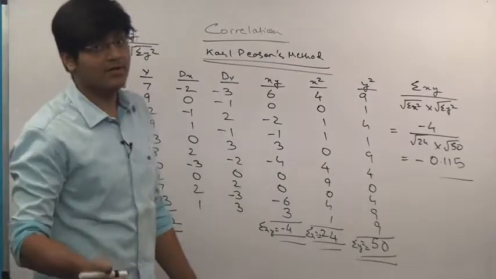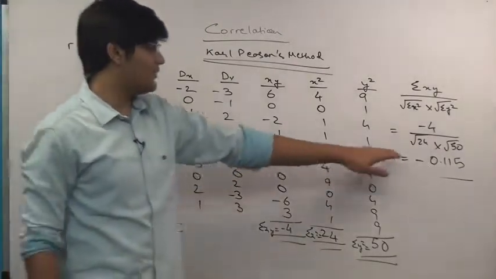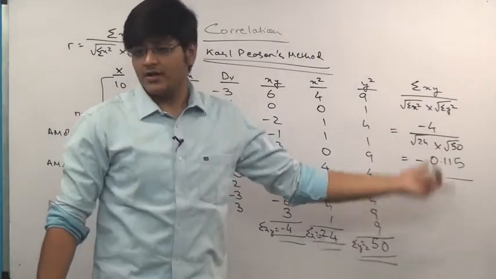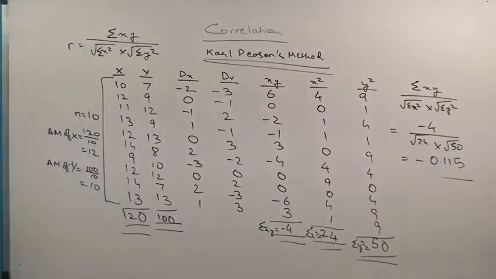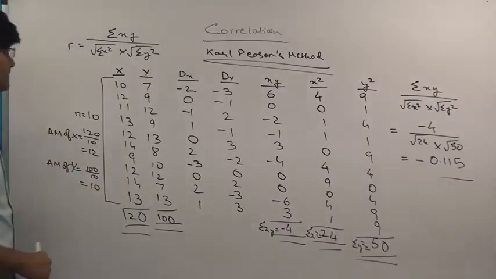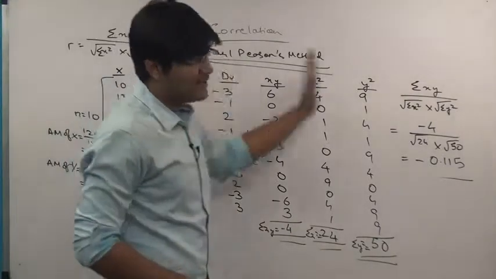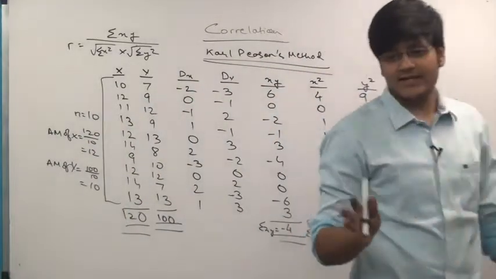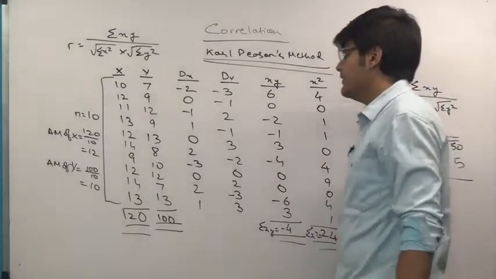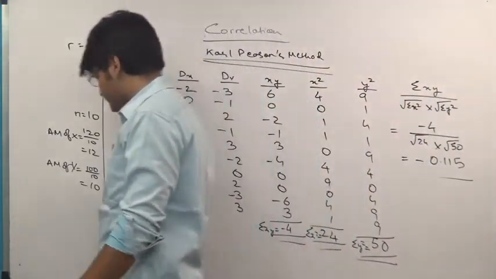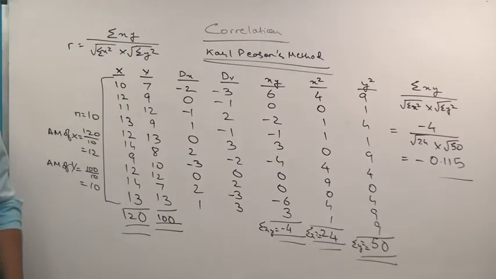If you are not permitted to use a calculator, I'd recommend you multiply 24 into 50 and use the manual method for calculating the roots. Fine. This is basically Karl Pearson's method. Nothing out of this can come except from Karl Pearson's method. I hope this is pretty easy.